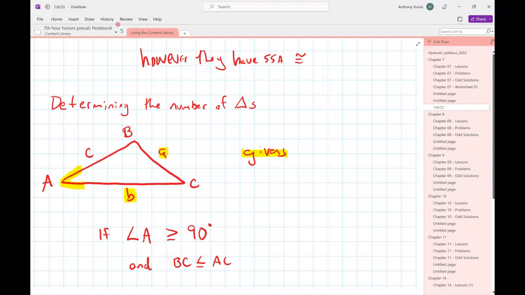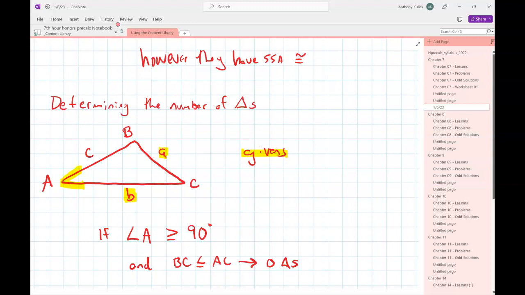What does that mean? So we have not the longest side opposite the biggest angle. Is that possible? No, right? So those are impossible situations. If I have either of those cases, I can't have a triangle, because basically the hypotenuse isn't the longest side.